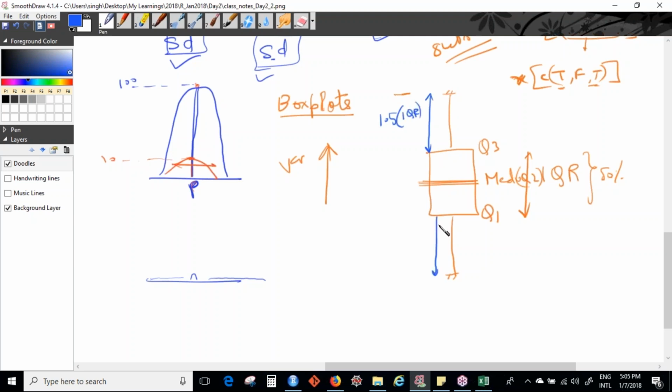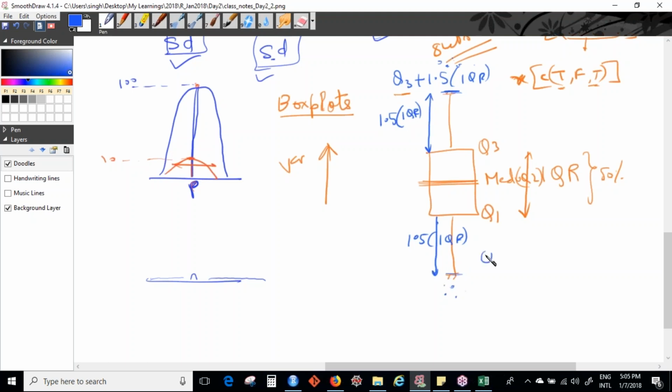Similarly, this distance is also 1.5 times IQR. So pure geometry: Q3 plus 1.5 times IQR. Whatever is above this, you might have a few points, are outliers. Similarly, whatever is below this, you might have a few points which are outliers.